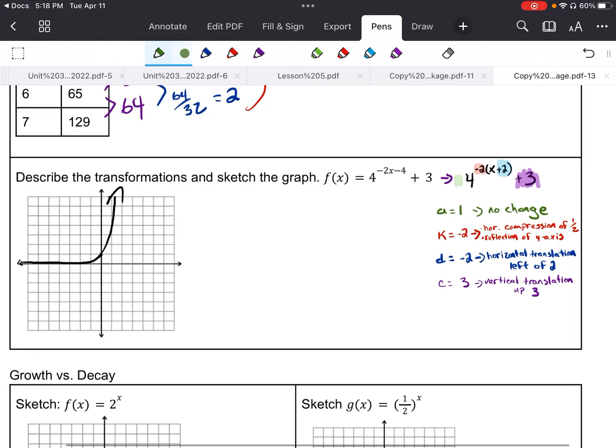Okay, so right away we know that this is our asymptote. So right at +3 we can draw that line.